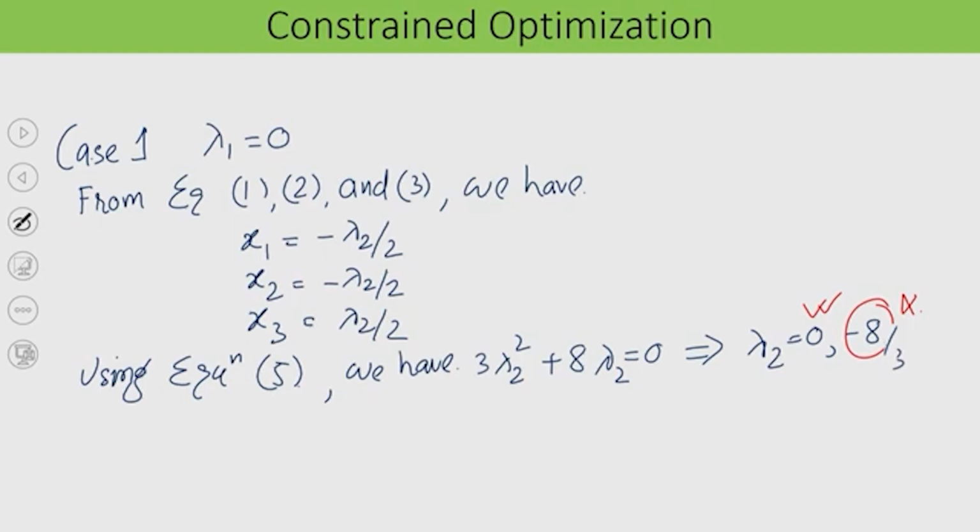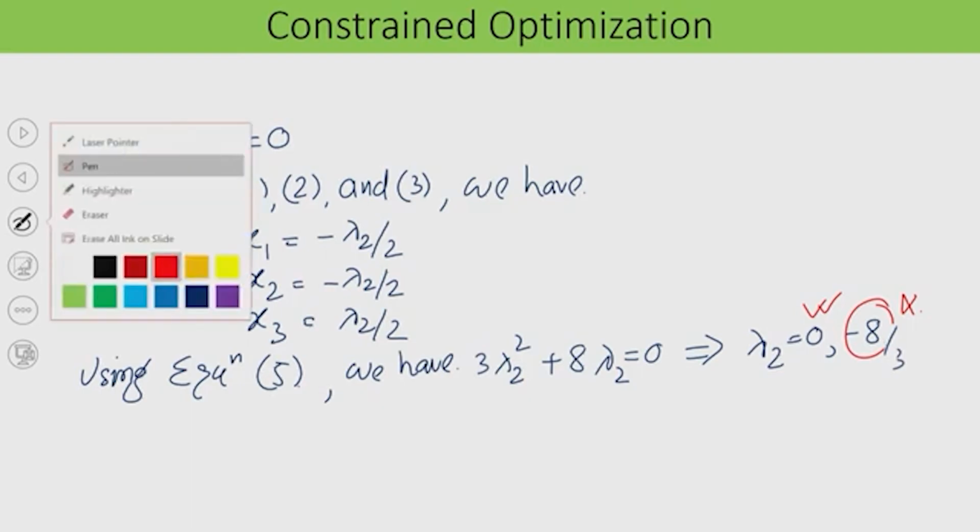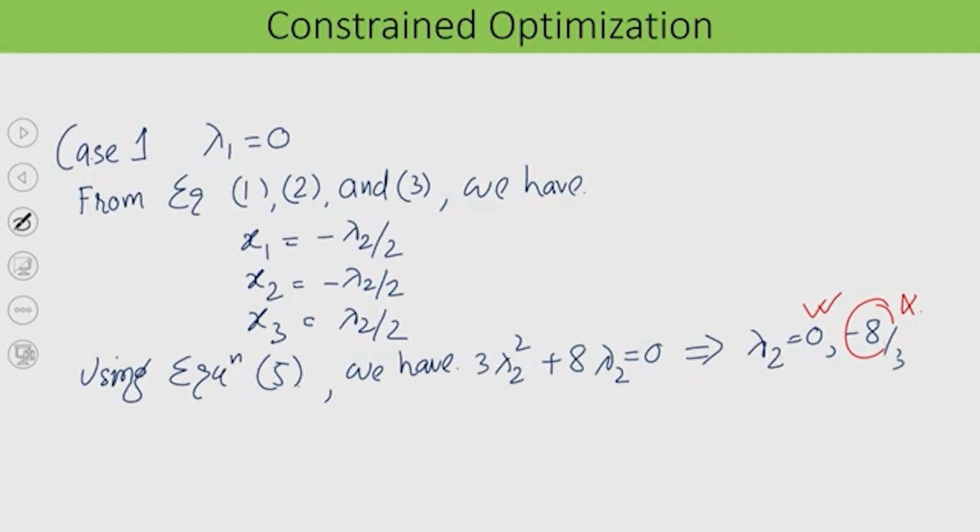So, if lambda 2 is equal to 0, in that case x1 equal to 0. For lambda 2 equal to 0, x1 equal to 0, x2 equal to 0, x3 equal to 0.